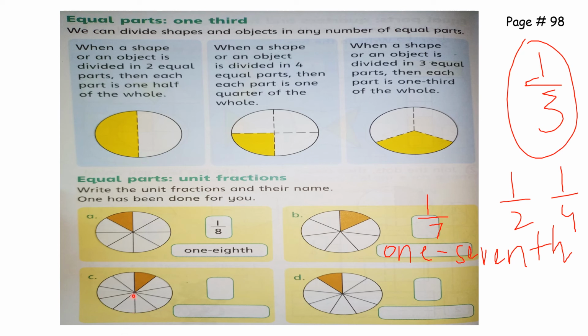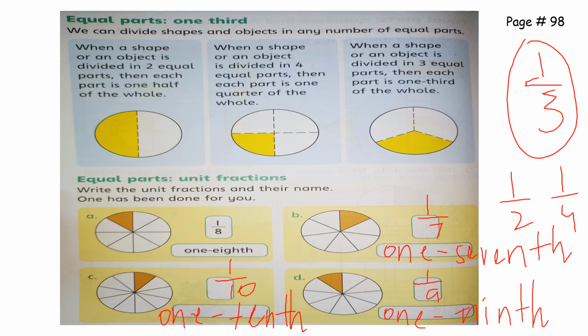Now here we have 1, 2, 3, 4, 5, 6, 7, 8, 9, 10 parts. So the fraction will be 1/10, and when you write it in words, it will be 1 10th, th. In the last shape, 1, 2, 3, 4, 5, 6, 7, 8, 9, we have 9 total parts, so you will write 1/9, ninth.